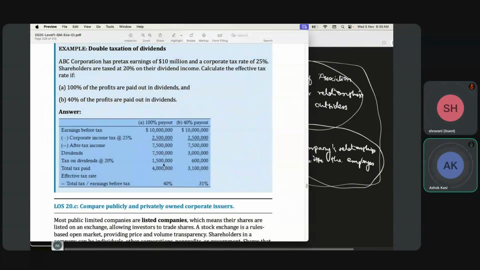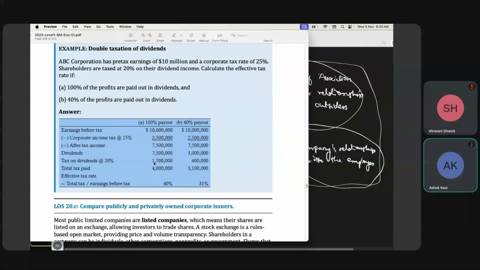So same way only here. Finally after earning 10 million, total tax that you are paying is 4 million, 2.5 and 1.5. So your tax is 40%. Similarly, here partially dividends are paid. So 3 million.